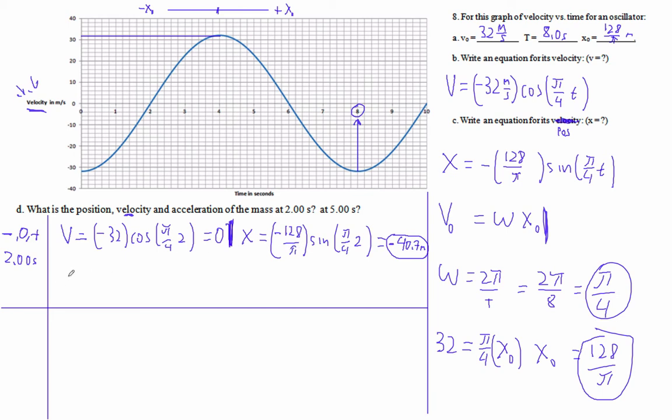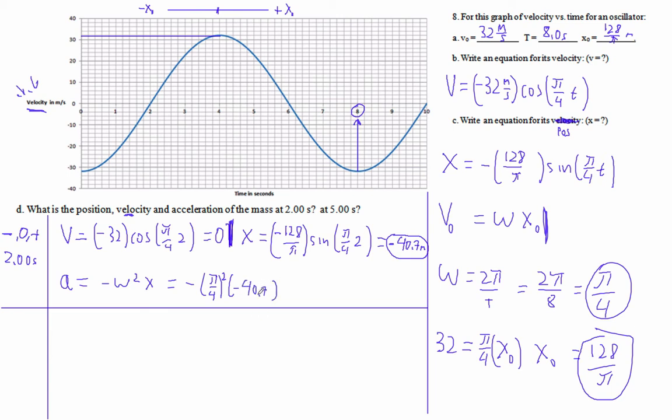All right, and then our acceleration is going to be the opposite of omega squared times x, right? So that's the opposite of pi over 4 squared times negative 40.7.